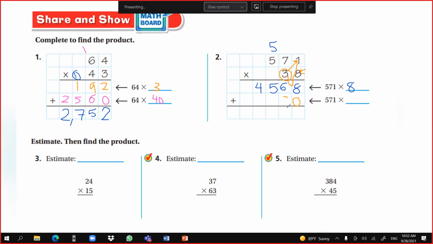Yalla, 3 times 1. 3. 3 times 7. 21. 21. And then 3 times 5.